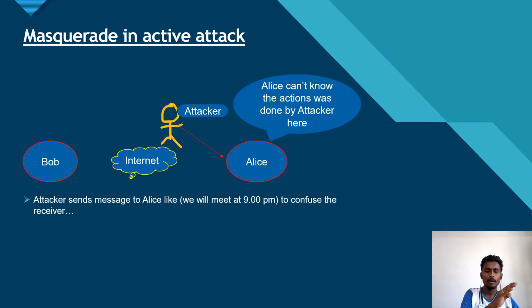There is no interaction from Bob's side, but the action was done by the attacker only. Alice can't know the action was done by the attacker. The interaction occurs from the attacker's side only, to confuse the receiver. This is the scenario in a masquerade in active attack.